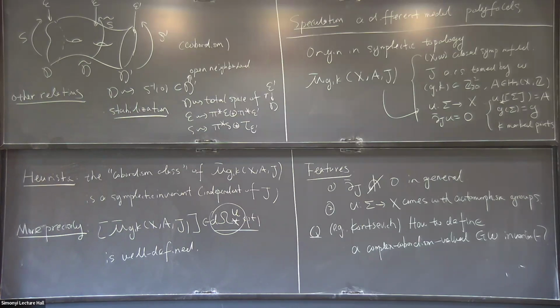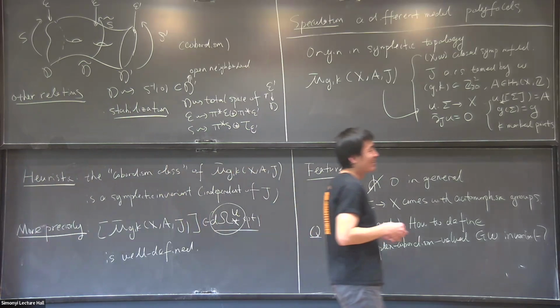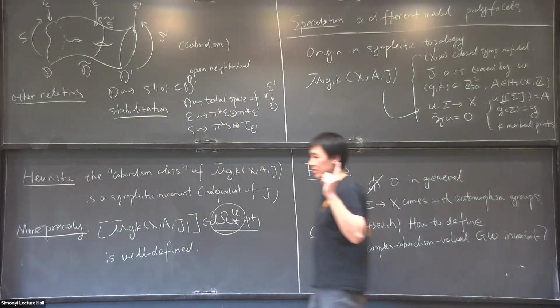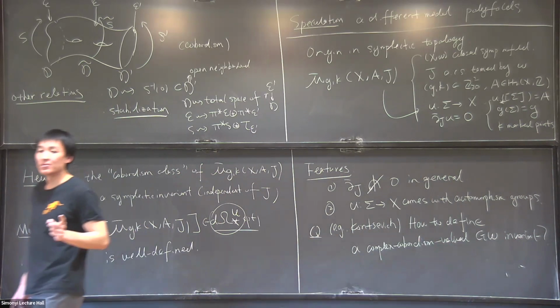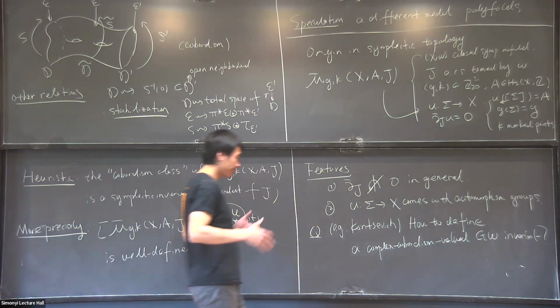Is this map canonical? What do you mean by canonical? Natural. This splitting is actually a splitting of multi theories. One thing to say is the following.